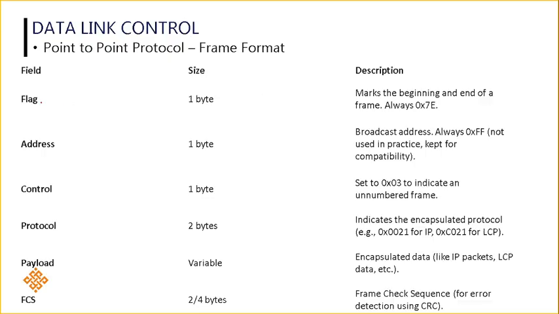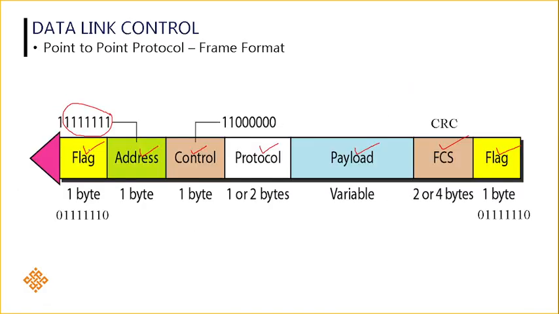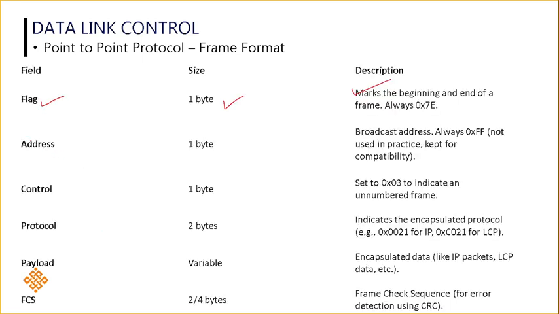So as I told, we have the first and the last field known as flag, which is of 1 byte, that helps in identifying the beginning and the end of the frame. So you can see here the beginning and the end of the frame. It contains 1 byte, which is 0 followed by 6 ones and 0. Next, we have 1 byte of address field.